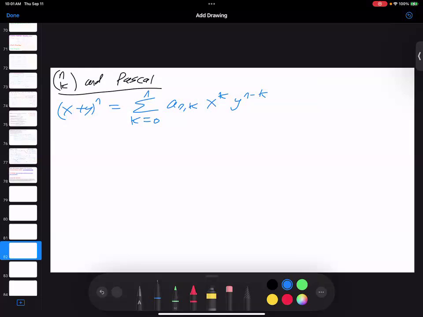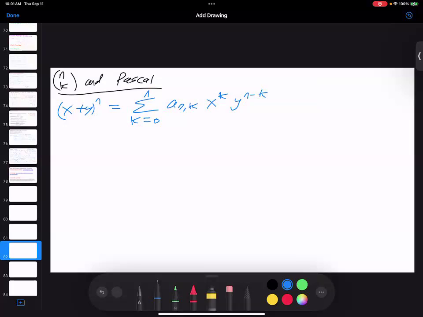And if you think about it, when I expand out x plus y to the n, everything I get, I have some number of x's, some number of y's. We need the power of x's and the power of y's to add up to n. So if I have k x's, I must have n minus k y's.